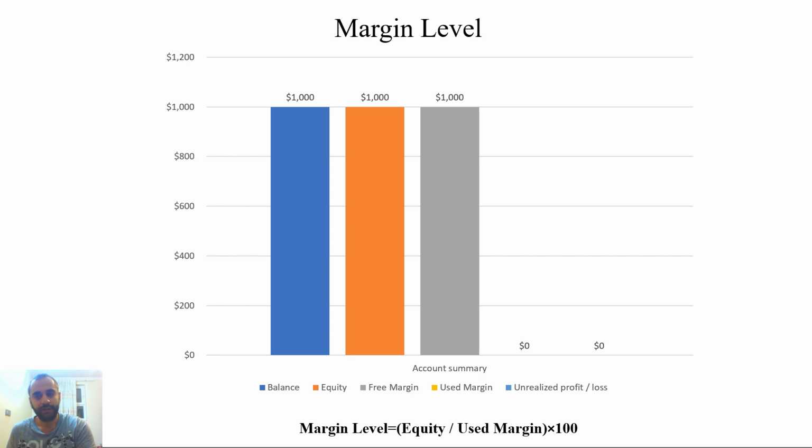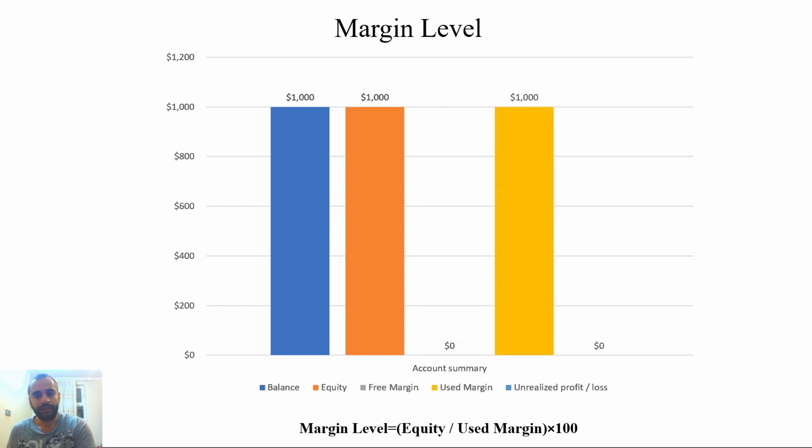If our used margin matches our equity, we have a 100% margin level, which indicates that we have used all our equity as the used margin, and we can't open any new positions.